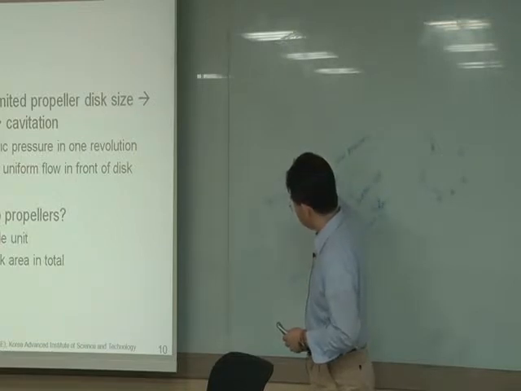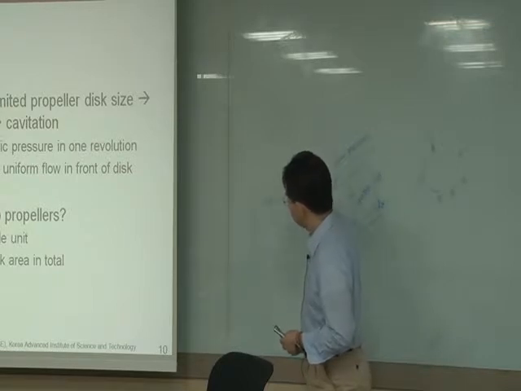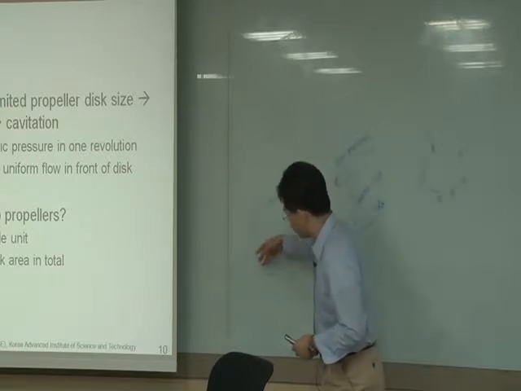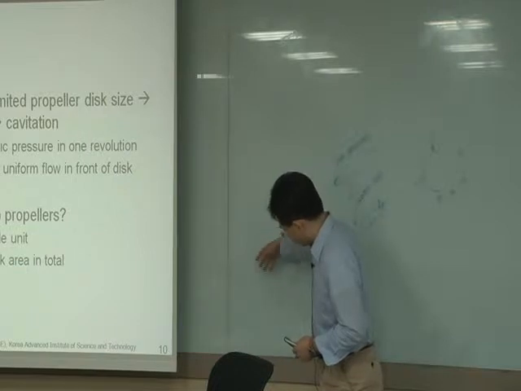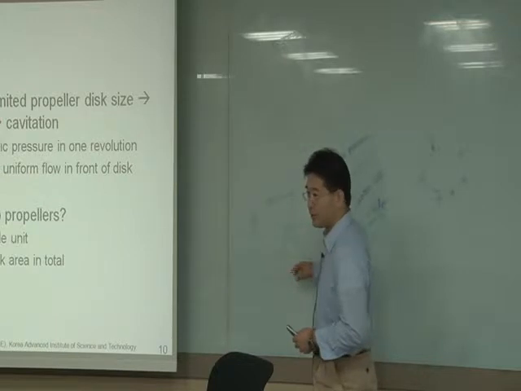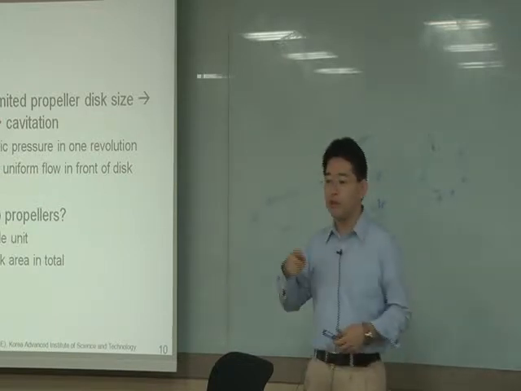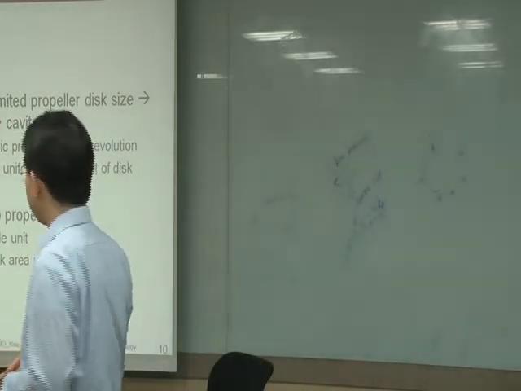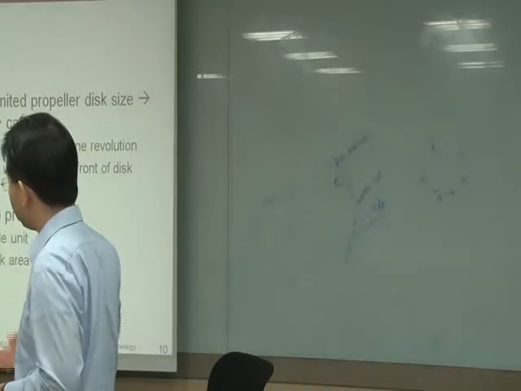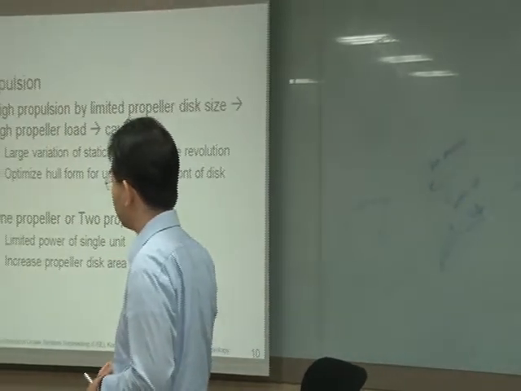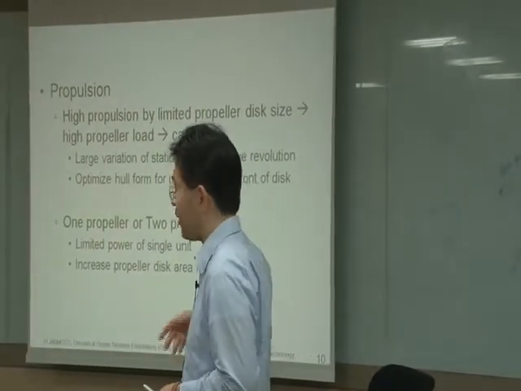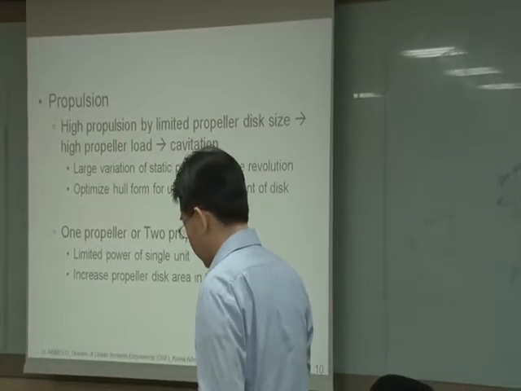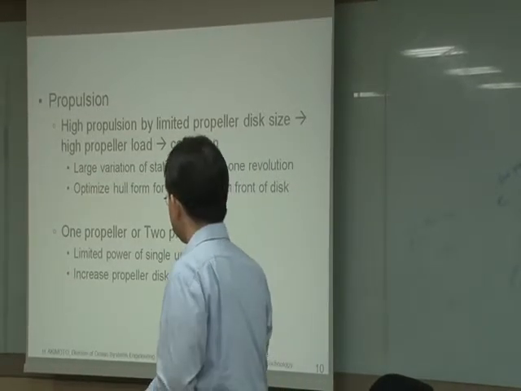The static pressure will be lower in the upper position, so cavitation happens around here, and it will stop in the bottom position. So this will show repeated occurrence of cavitation sheet. Such repeated phenomena are not good for the structure because they will generate noise and vibration.